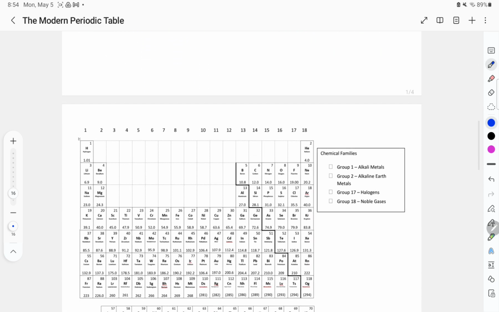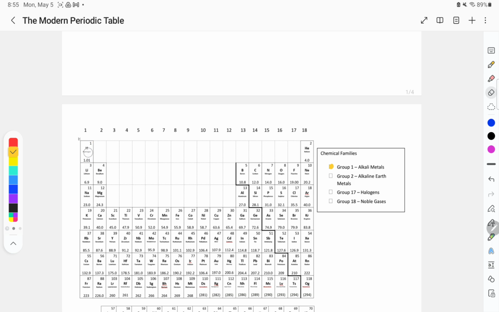Now, when we look at our periodic table, we can see our chemical families. There are some families whose names we will be interested in, so we're going to take our time to color them. Our first group, group 1, the first column in the periodic table, is called the alkali metals.